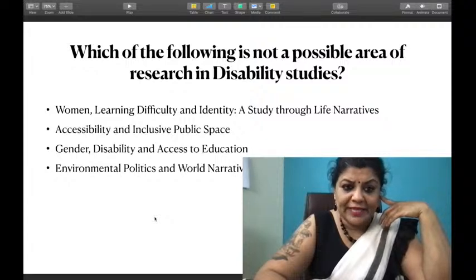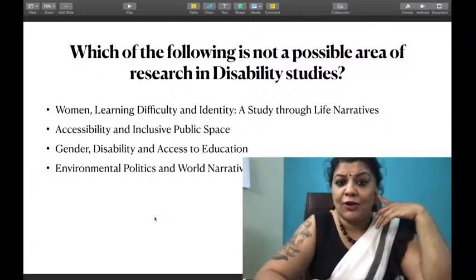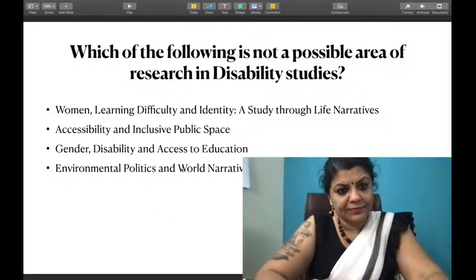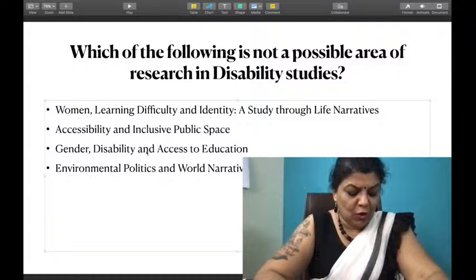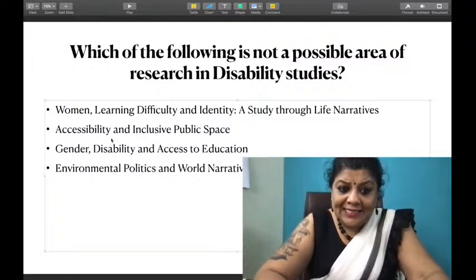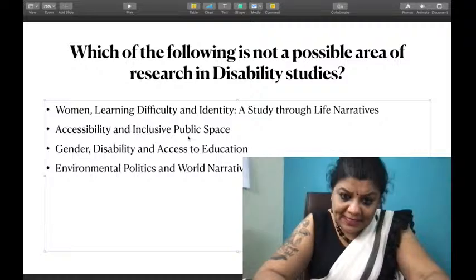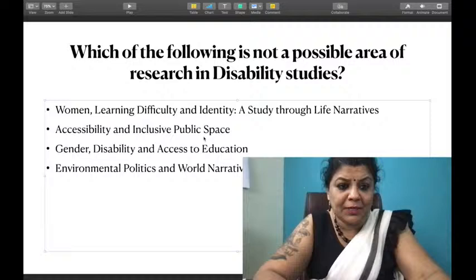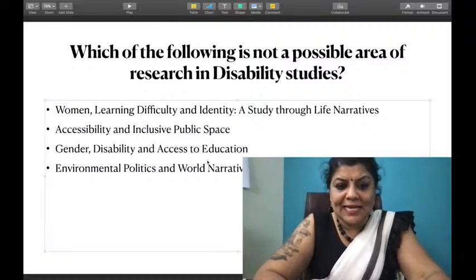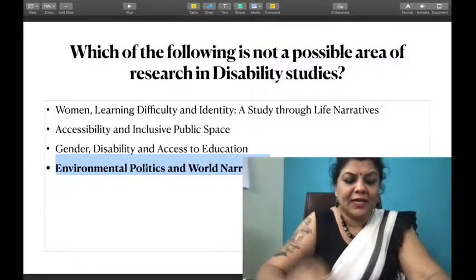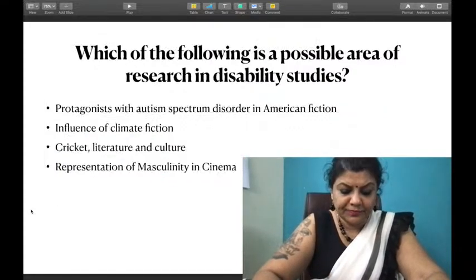Tell me, which of these is not a possible area of research in disability studies? Of course, women and learning difficulty is also disability. Learning difficulty is disability. Accessibility and inclusive public space is about disability, how far public space gives accessibility to disabled people. Gender, disability and access to education. Yes, environmental politics is not part of disability studies.